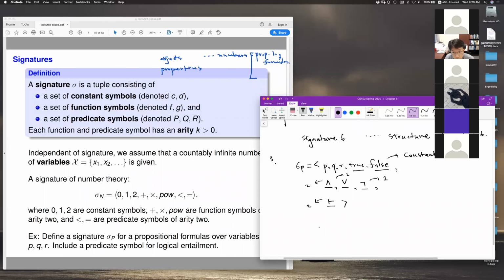Next I will show you the actual definition of propositional logic from first order logic formulas. But before that, as a prelude, let me use this somewhat strange signature to express some properties about propositional logic with 3 variables. So we are using first order logic to reason about propositional logic with 3 variables.